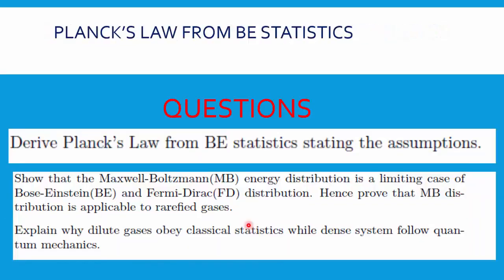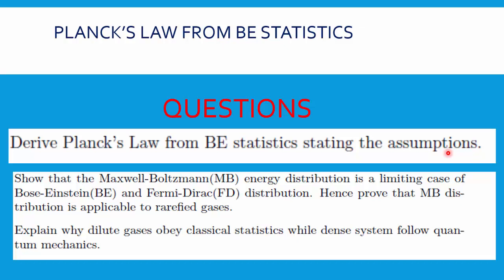So now we come to questions from this lecture. We have already done Planck's law from BE statistics, and when you derive it, the assumption is very important. There we take alpha to be 0 because the number of particles, here photons, is not constant for a black body, so dN is not equal to 0 and alpha is equal to 0.